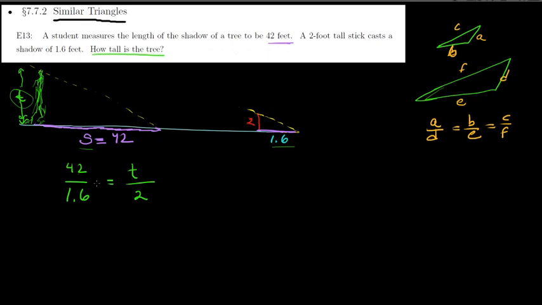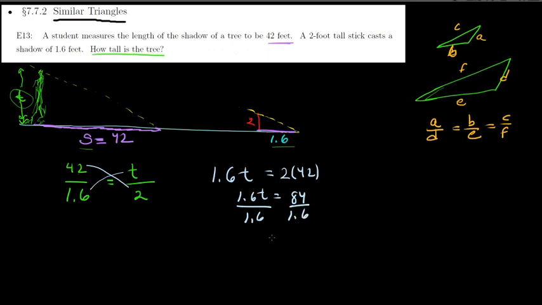So again, cross multiply: 1.6 times T is equal to 2 times 42, and 2 times 42 is 84. If 1.6 times T is equal to 84, you just divide both sides by 1.6.